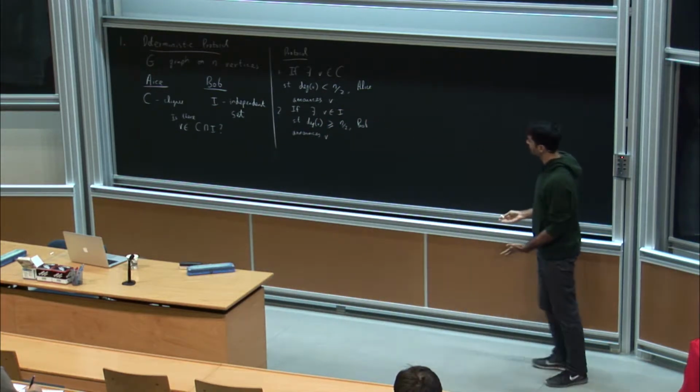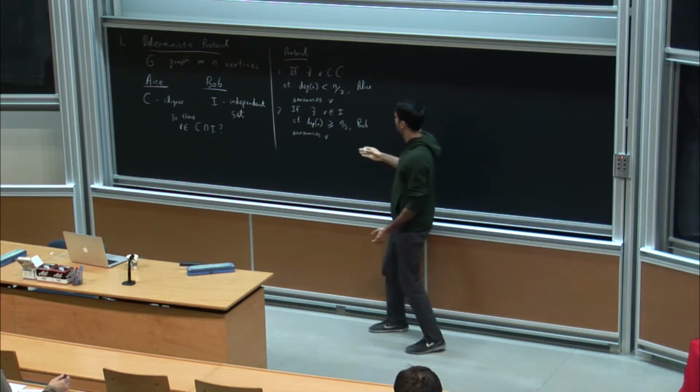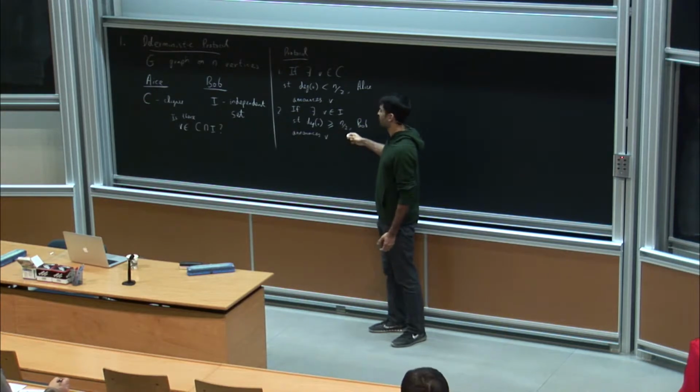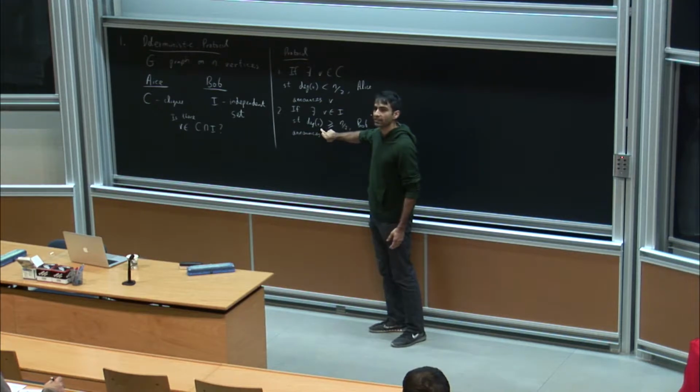And for the same reason, they eliminate n over 2 of the vertices, because all the neighbors of V are definitely not in Bob's set. So Alice can throw them away.